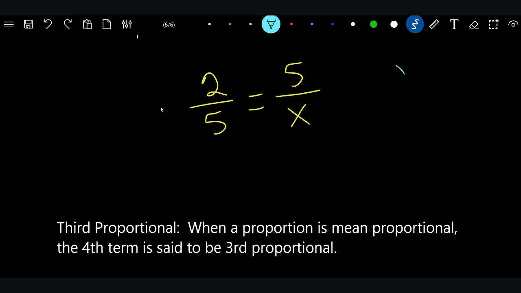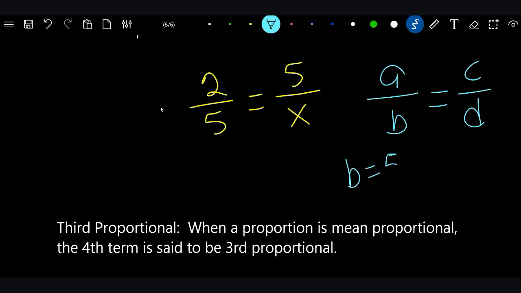Let's call this A over B equals C over D. I think this will help you understand it. Notice that B equals 5 and C equals 5. Now, what can we say there? We could substitute, couldn't we? We could say that B and C are equal, so we'll call this B and we'll call this C.